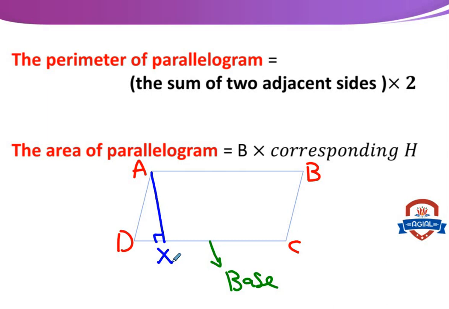AX is corresponding height, perpendicular line. Okay? If I consider BC is base, then AY is the corresponding height. Okay? The area of parallelogram equals base by corresponding height.